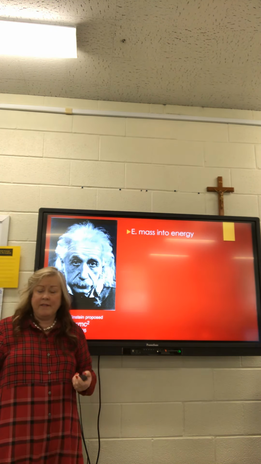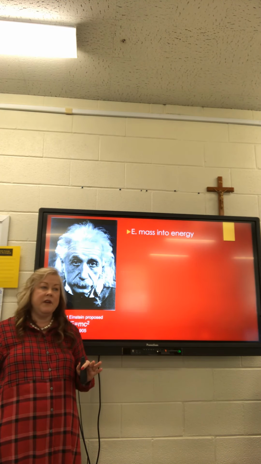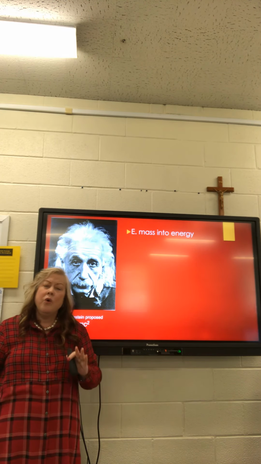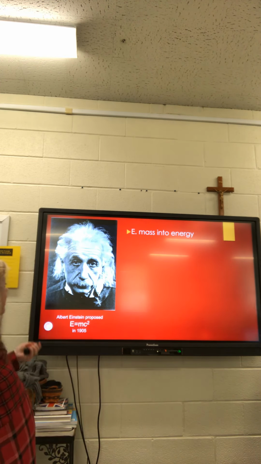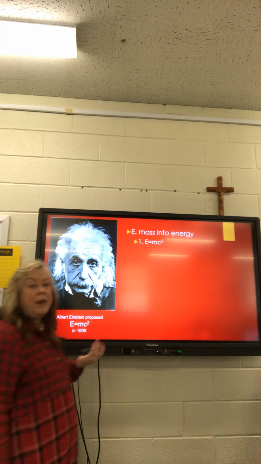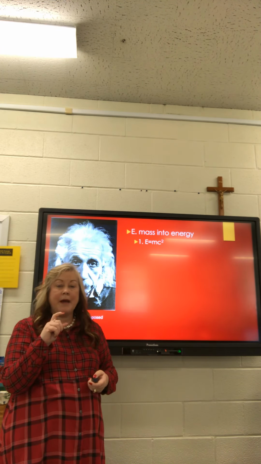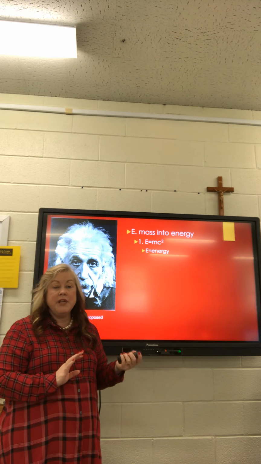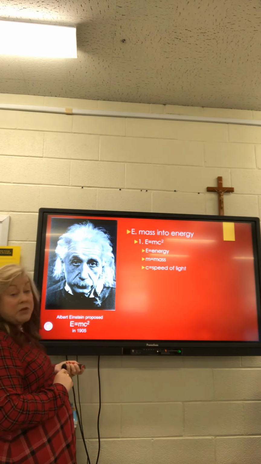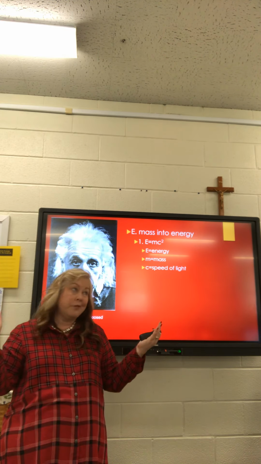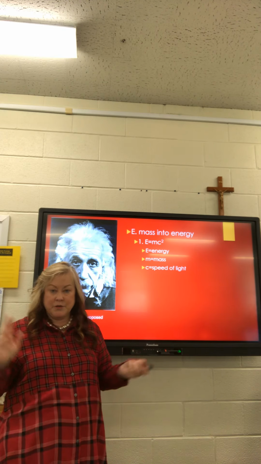In 1905, Albert Einstein came up with the theory that E equals mc squared, where E represents energy. He was trying to explain how so much energy can be given off by such a small amount of matter, where E is energy, m is the mass, which is a small amount, and c is the speed of light, which is about 300,000 kilometers per second, or 186,000 miles per second, squared.